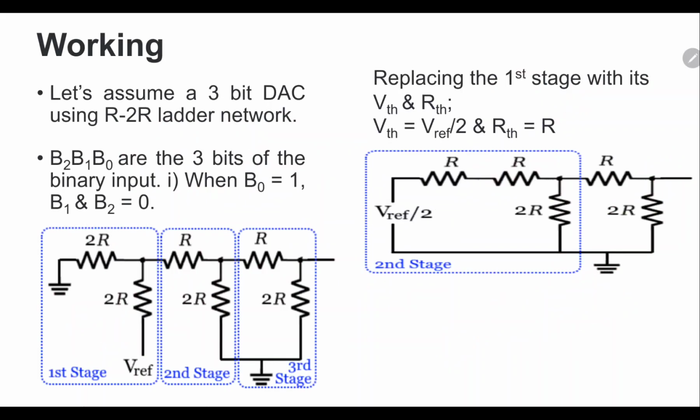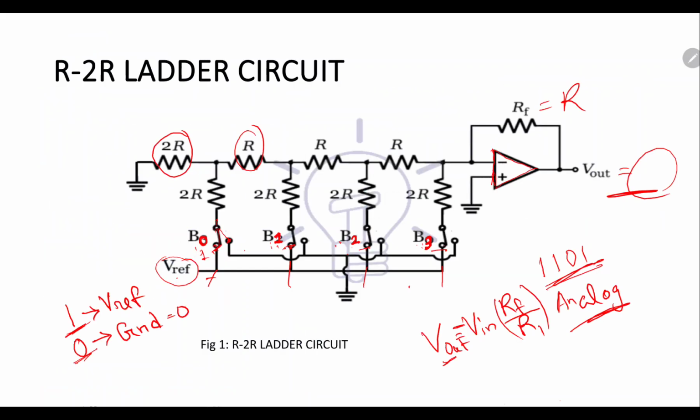Next, see what we have to do. We have to find the equivalent output voltage when we are applying all these signals. Then what will be the outcome? We know for the summing amplifier, mainly the output Vout is equal to V1 plus V2 plus V3, like this.